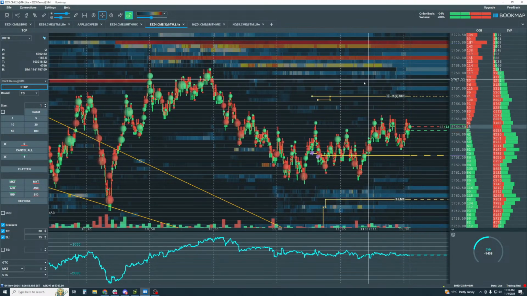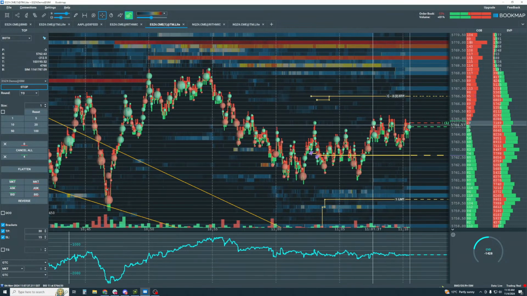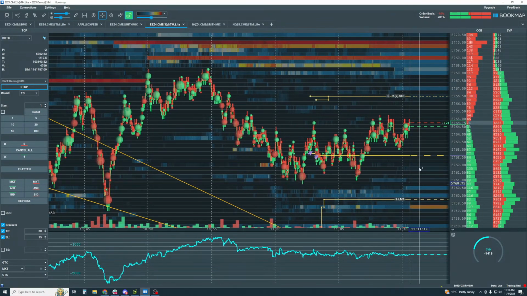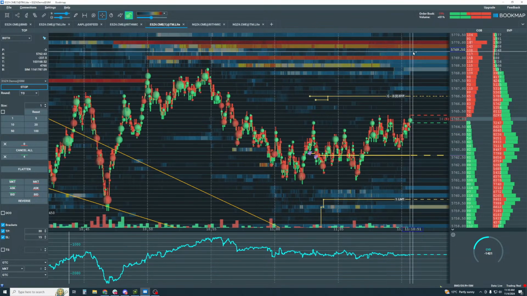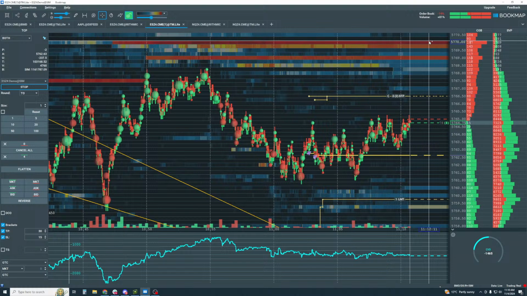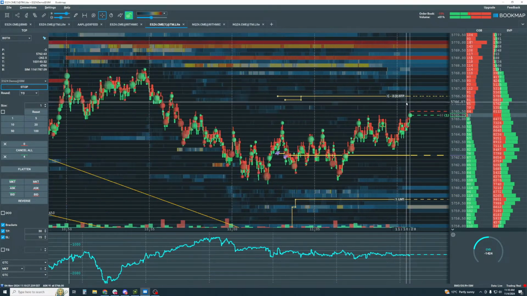You can see we filtered out quite a bit of noise. I don't think it's noise. It's not noise for me, but a lot of traders like this view instead, just to understand that their liquidity is up here and then down here. So up here around 68 to 70, and down here, 59 to 60.